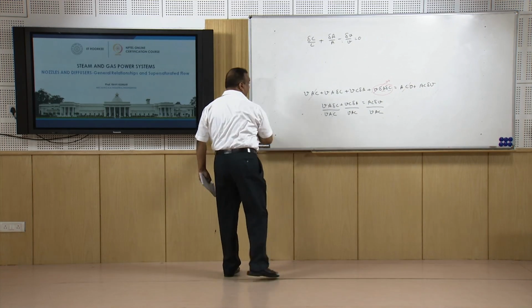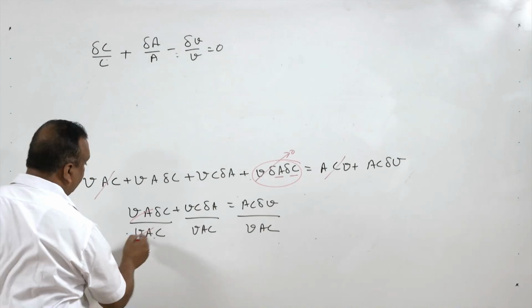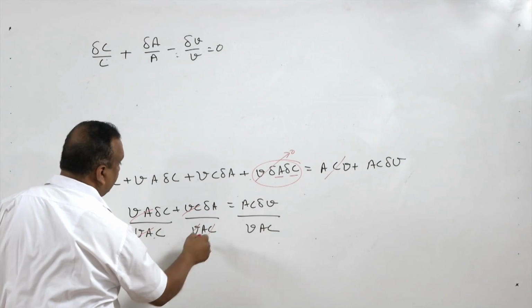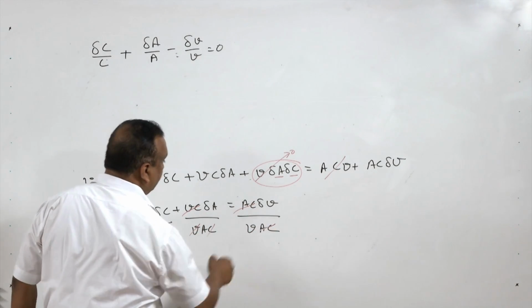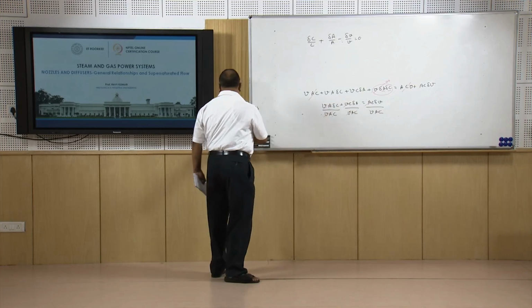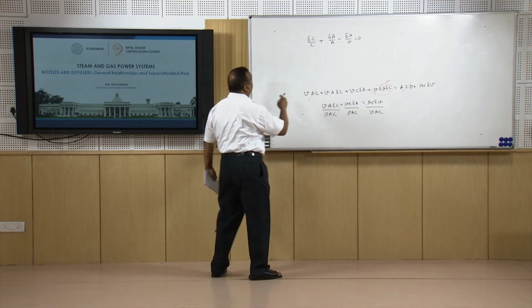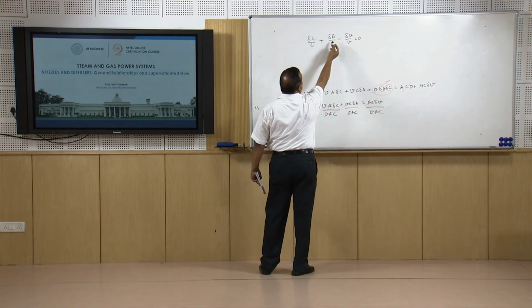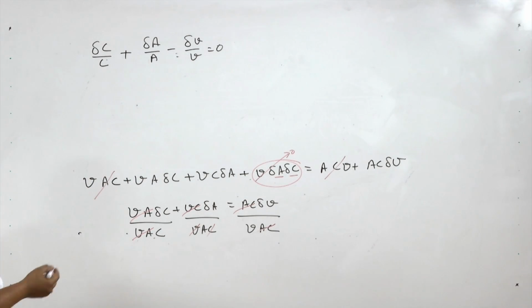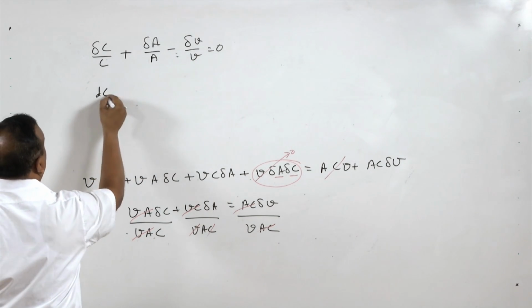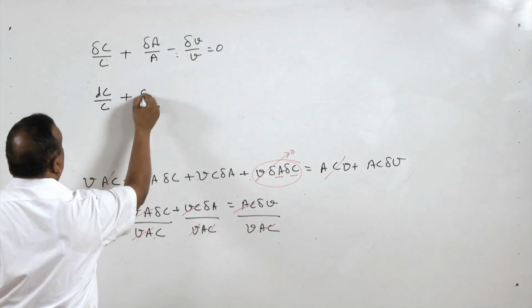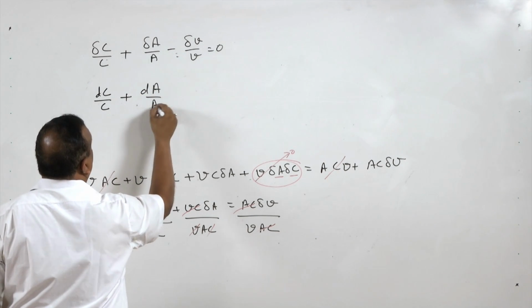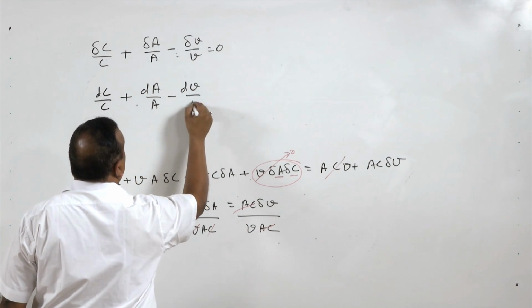Because in this expression, this VA will be cancelled here, VC will be cancelled here, AC will be cancelled here. Okay, and if this delta C, delta A and delta V are tending to 0, then we can always write dC by C plus dA by A minus dV by V is equal to 0.